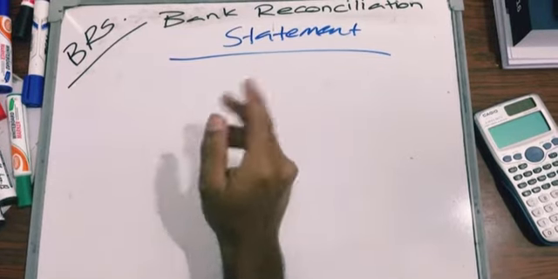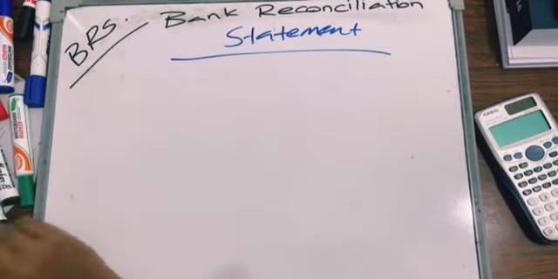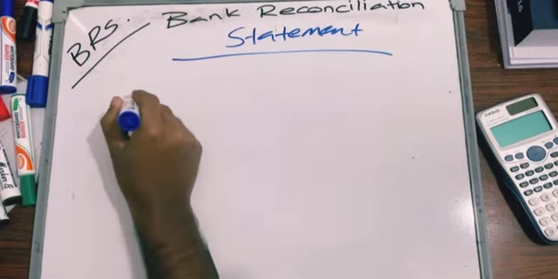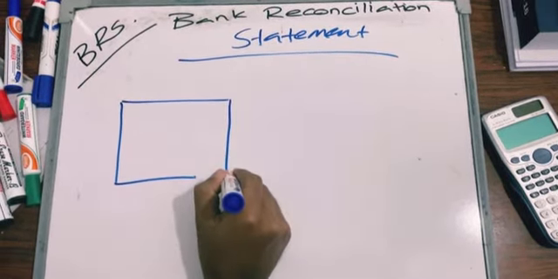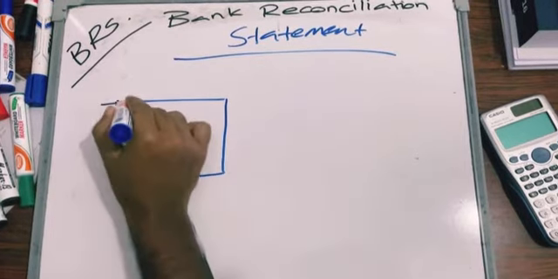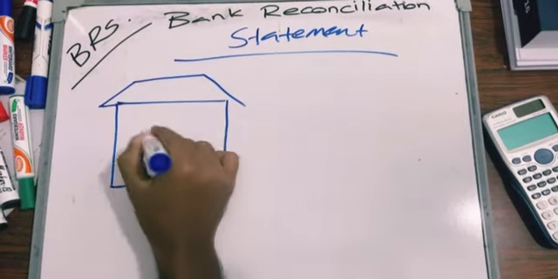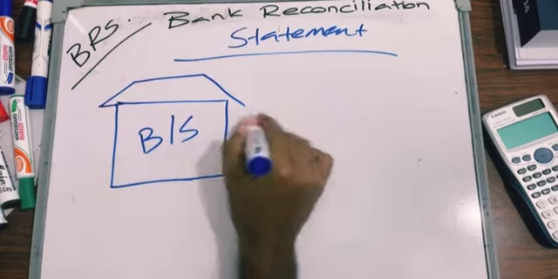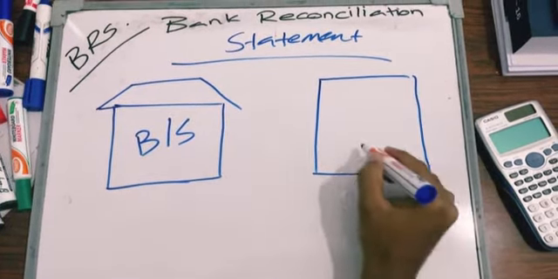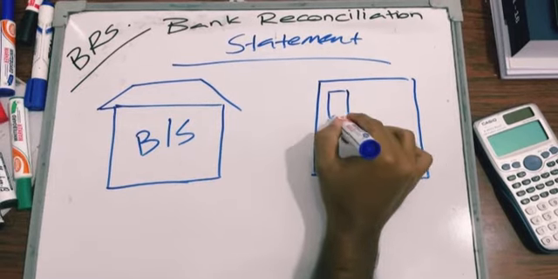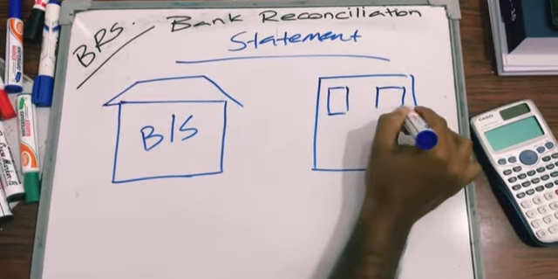We prepare a bank reconciliation statement because the cash book balance which is maintained by our business may vary with the balances or the records which the banks have.